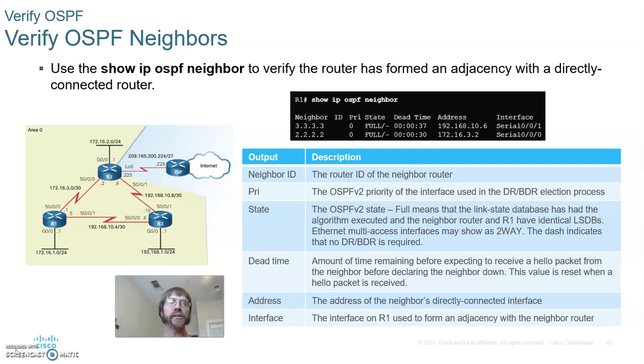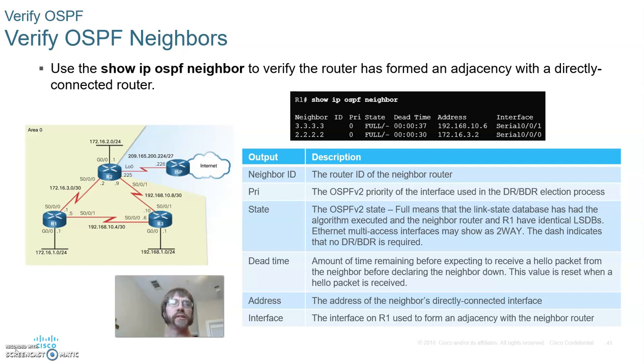The state of the neighbor should either show full or two-way. Your dead time will show how much longer that neighbor relationship has to persist if no more hello packets are received. Of course, every hello packet refreshes that dead timer just a little bit, so that ideally the dead timer never hits 0.